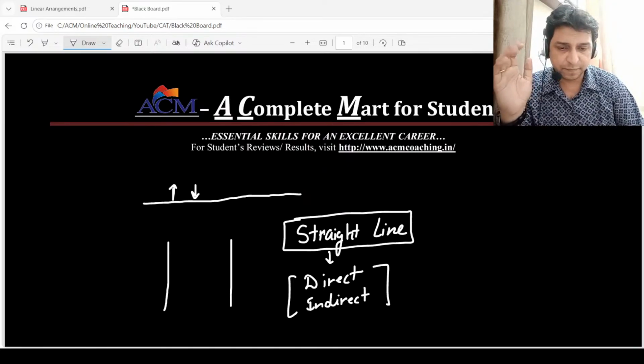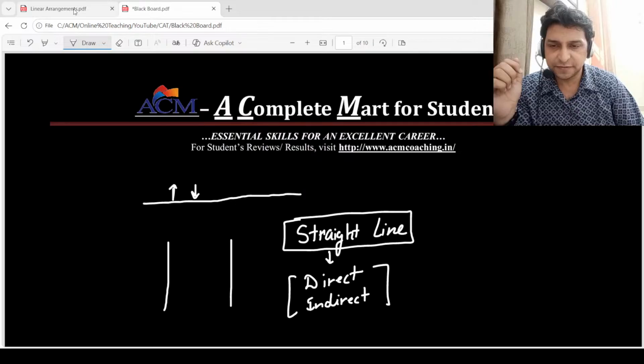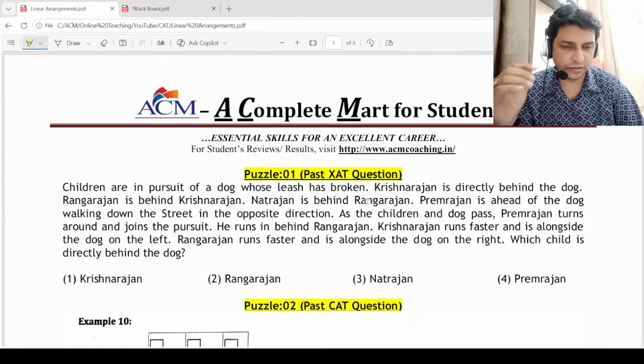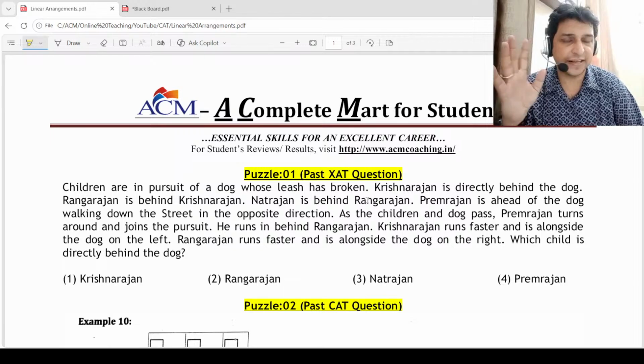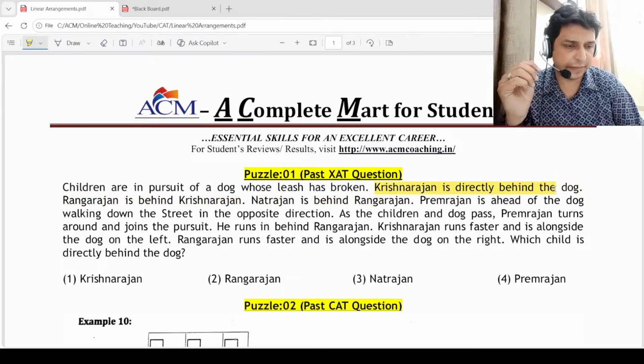Now, this puzzle is about a dog running here and there, and the people who are running behind it. So let's make it. The question says, children are in pursuit of a dog whose leash has broken. Now, Krishna Rajan is directly behind the dog.